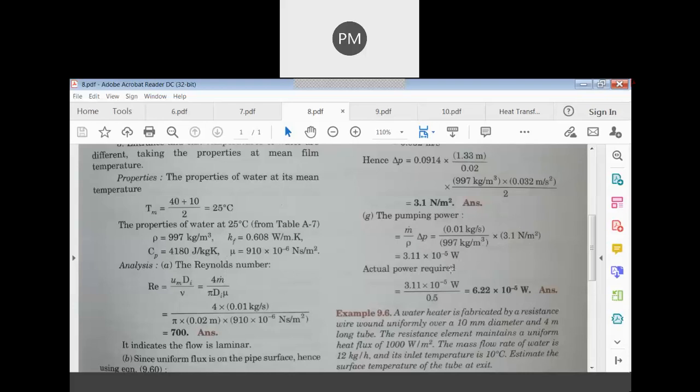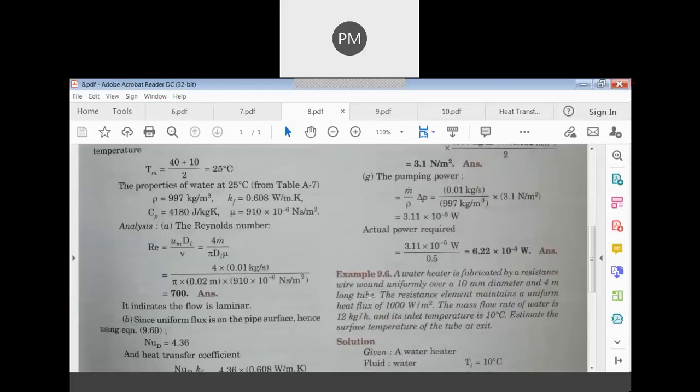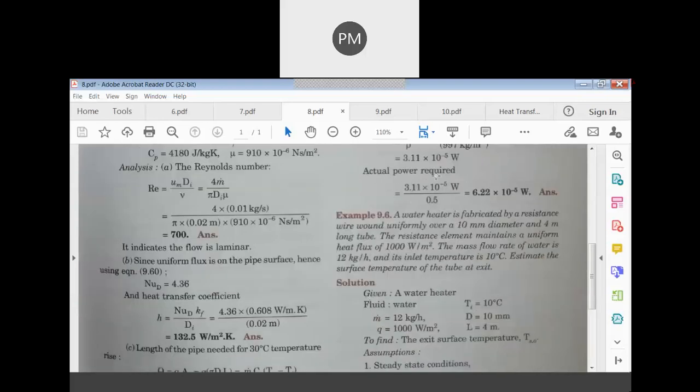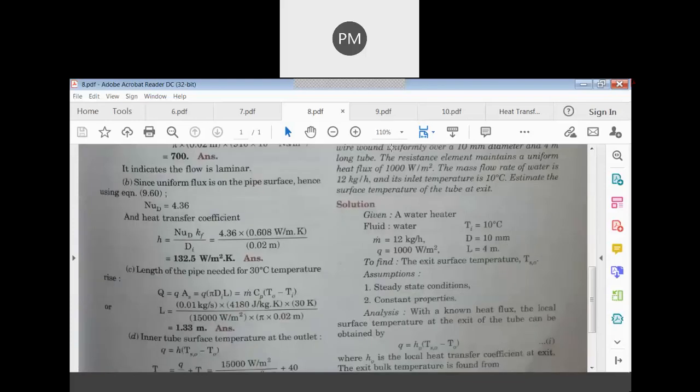Actual power. See, this is a theoretical power. What you have got, 3.11 into 10 to the power of minus 5 watts, is a theoretical power. The actual power required is theoretical power divided by the efficiency. Understood? Let's substitute, get the values. Next.